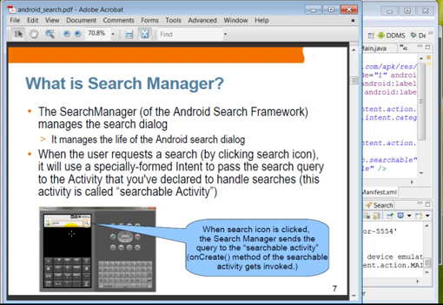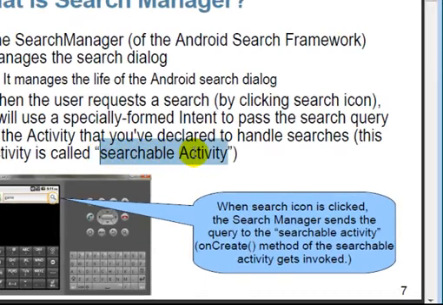By the way, the activity that receives the search query string from the search manager is called the searchable activity. There is a way that you can designate an activity as a searchable activity, and we'll talk about that.